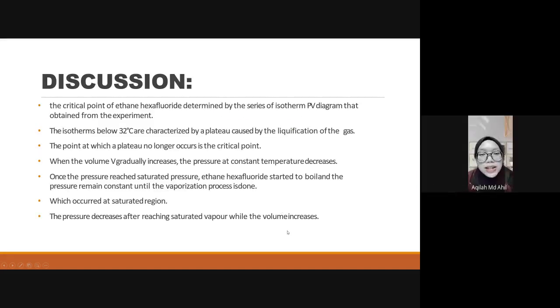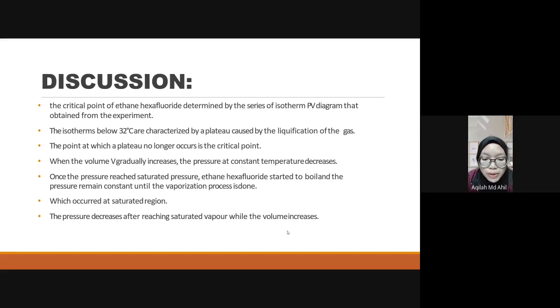For this discussion, the data obtained in the experiment was plotted to determine the critical point of ethane hexafluoride by the series of isotherms in the PV diagram. The isotherms below 32 degrees Celsius are characterized by a plateau caused by the liquefaction of the gas. The point at which a plateau no longer occurs is the critical point.